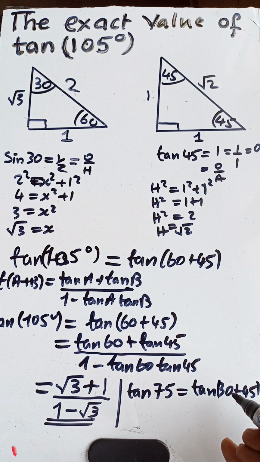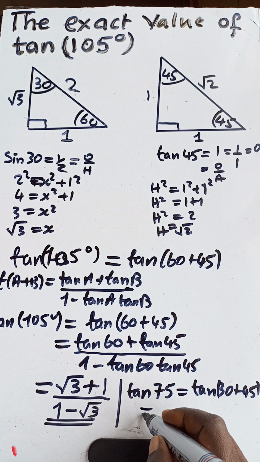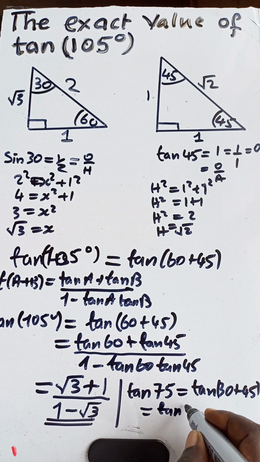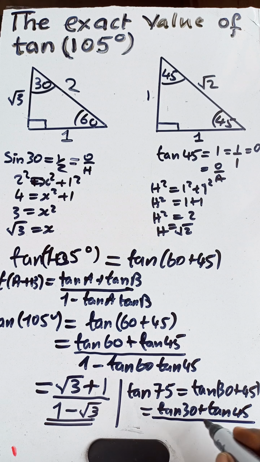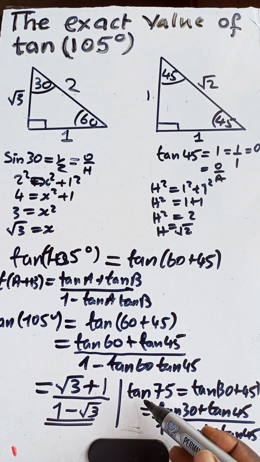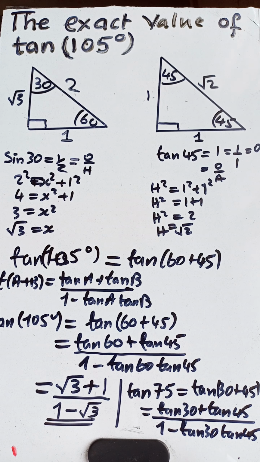And so we'll do the same thing. This will just be equal to tan 30 plus tan 45 all over 1 minus tan 30 tan 45, and we're able to come out with the exact value of tan 75 degrees.